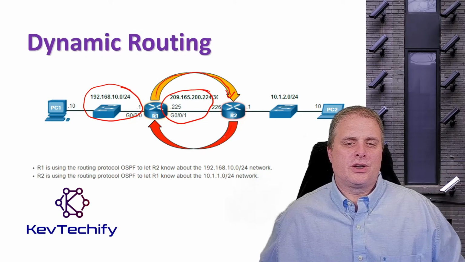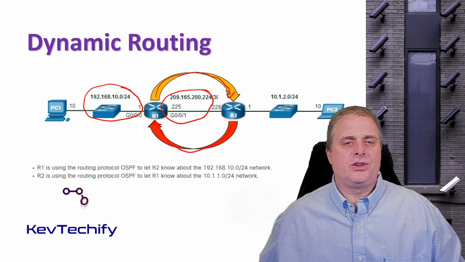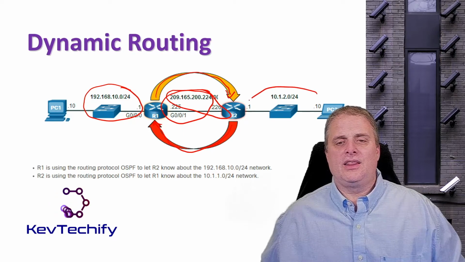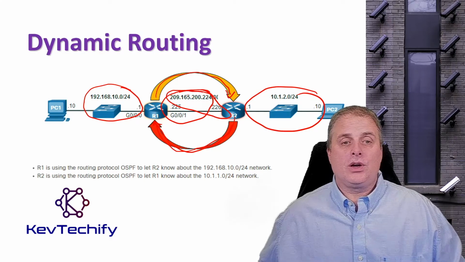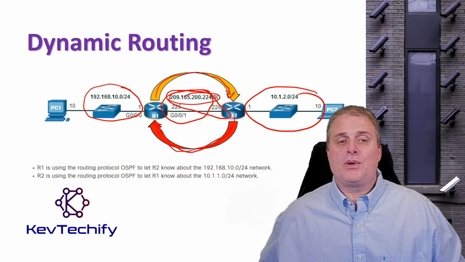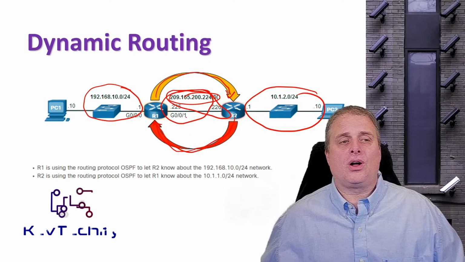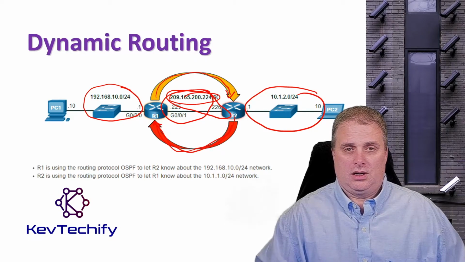R2 in turn is going to send information to R1 about the networks that are directly connected to it. Over here, it's this network that's directly connected and then this network. And so it's going to pass these two. And the routing protocol is smart enough to identify, hey, this network is in common between them, so that must be the one that connects up between those. And because of the routing protocol, we now know about all of the networks here in our corporation, in our company.